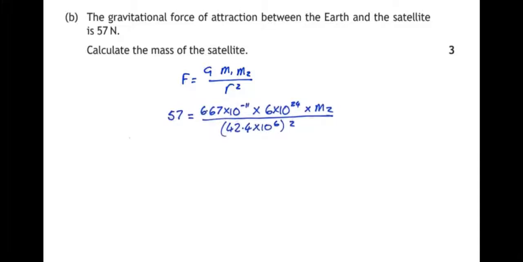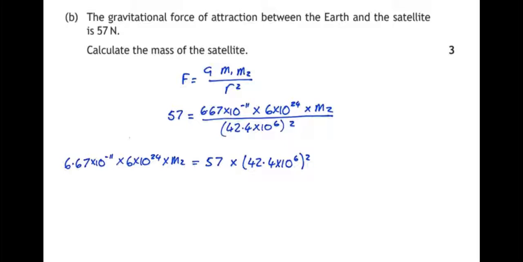So let's place our numbers into the formula, and we get, as you can see there, quite a bit of a fiddle for rearranging here. The first thing to do is to get the 42.4 times 10 to the power 6 squared over to the other side. So we multiply both sides by 42.4 times 10 to the power 6 squared. And that gets us to here.